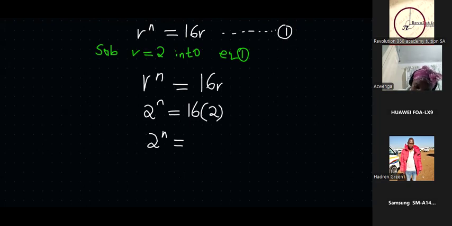Now we're going to write 32 with the base of 2. So you'll use the fishbone method, the one that I like to teach.